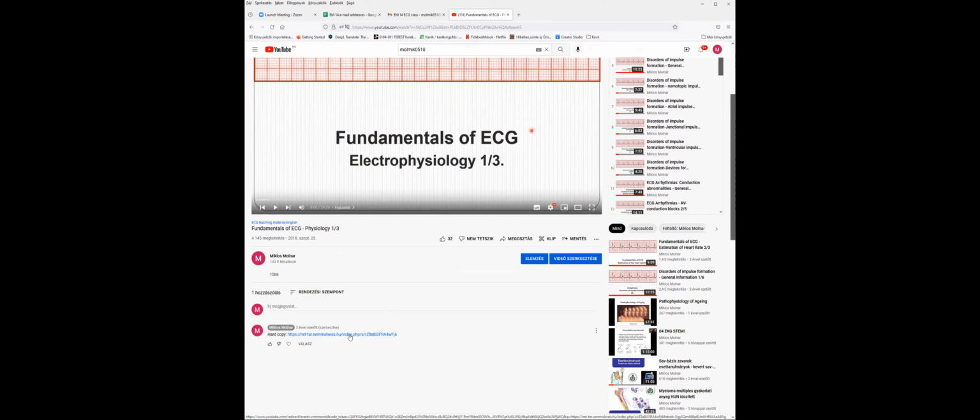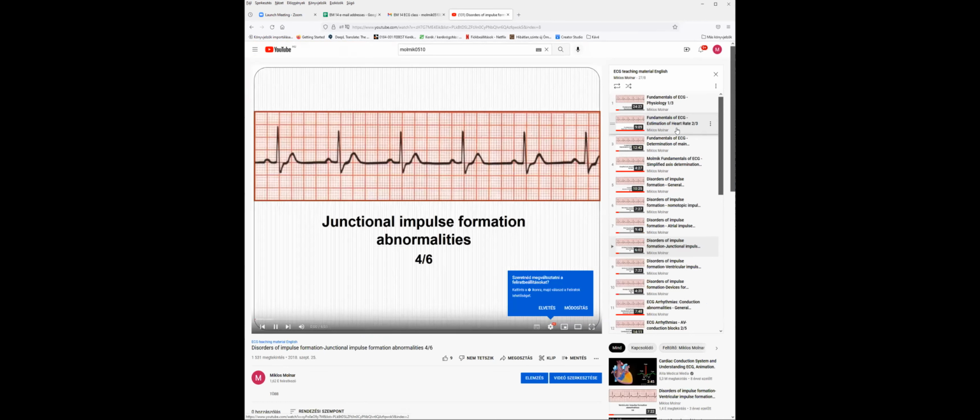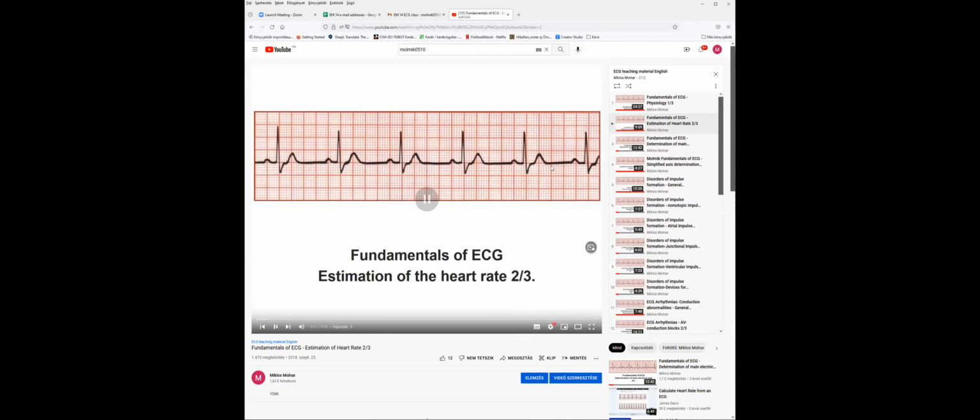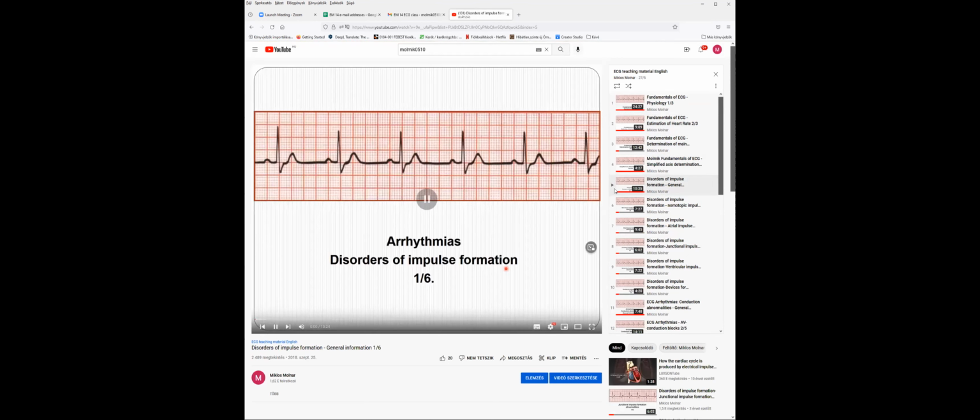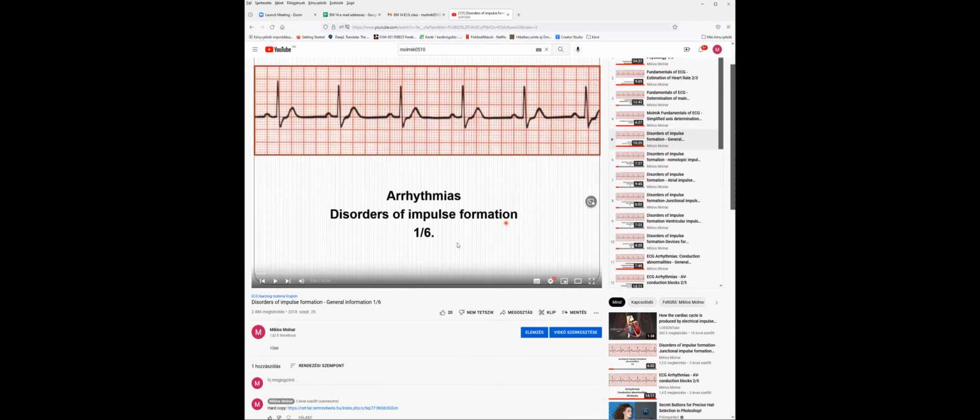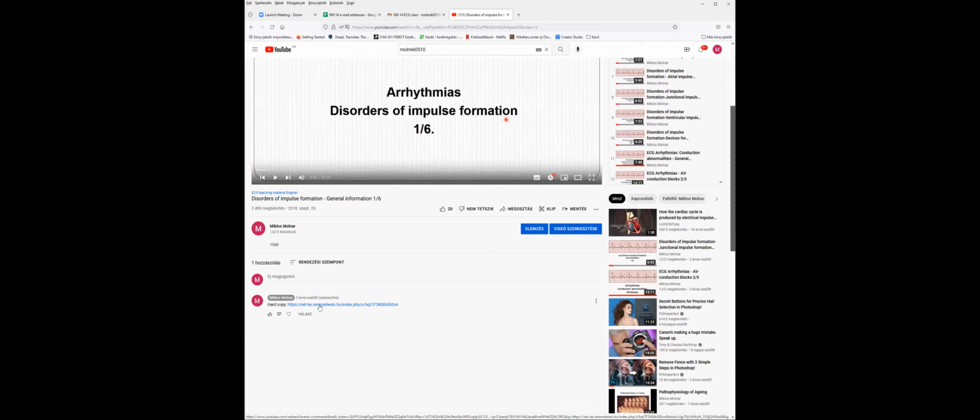In the impulse formation, this is the arrhythmias, impulse formation, and here you can find it. So in the first video, you will always find the copy.